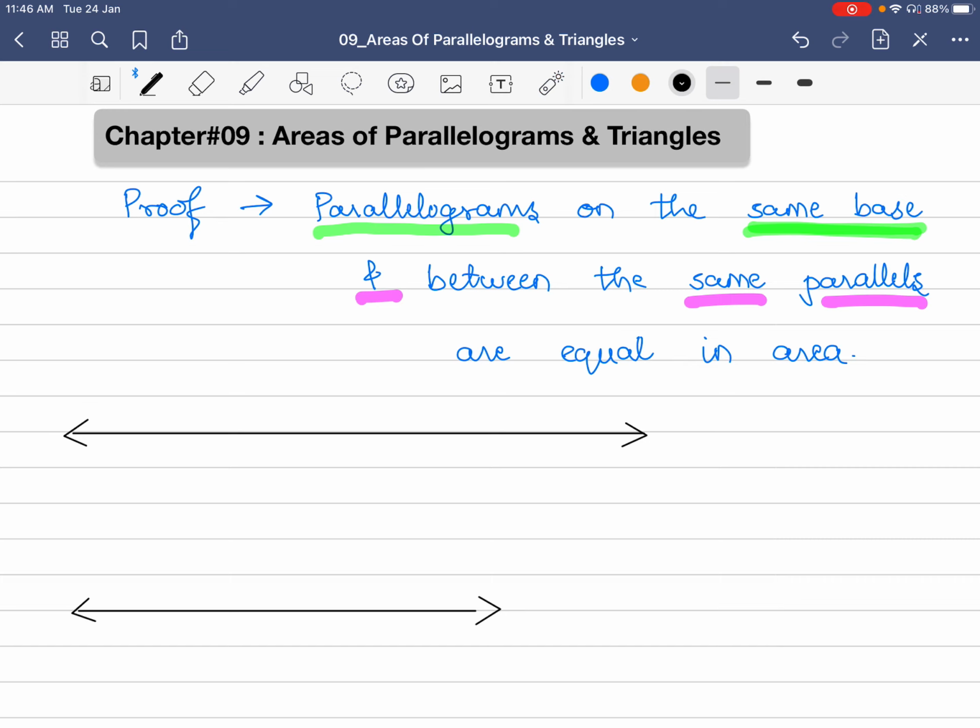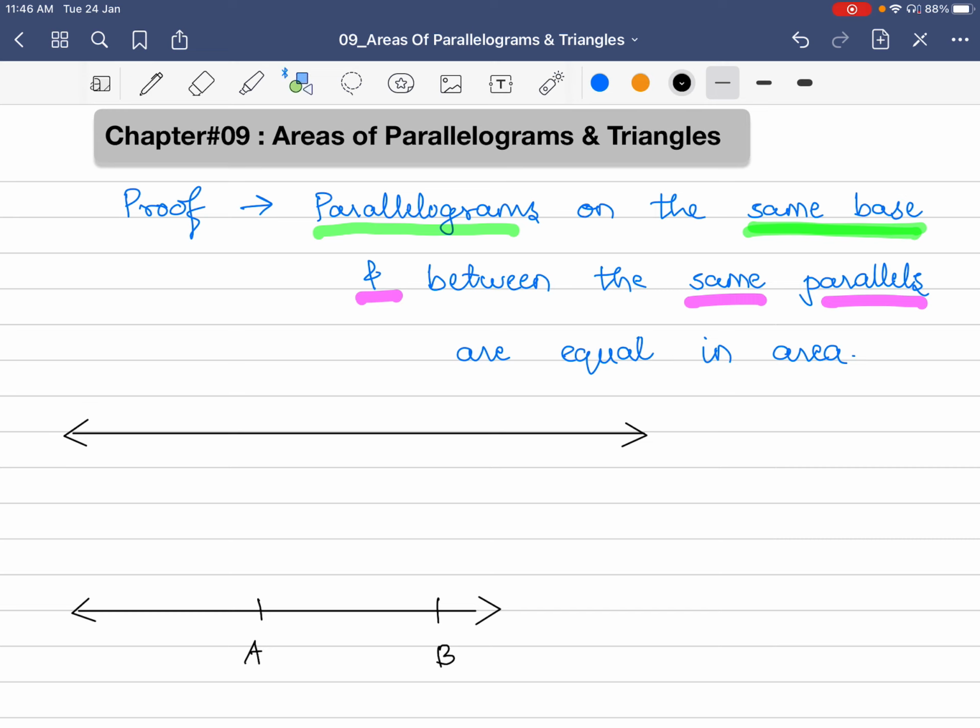Now let's take the first base, a small base here. Let's call this point A and this point B. Now first I want to draw a parallelogram using AB as a base.